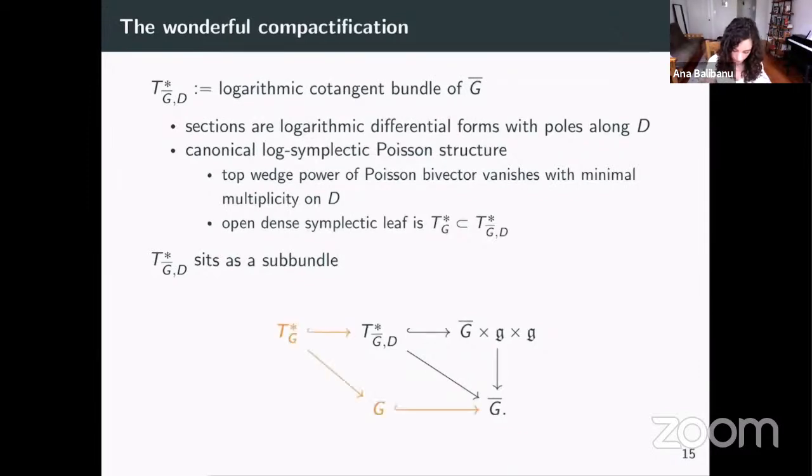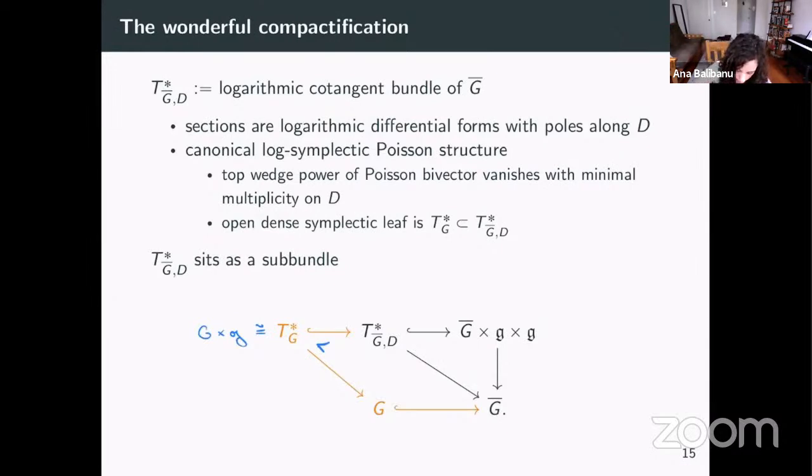So inside the log cotangent bundle, I have its pullback to G, which is just the usual cotangent bundle on G. And you remember that I can always identify this with the group G across the Lie algebra by trivializing and using the Killing form.